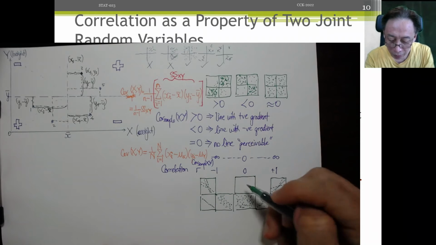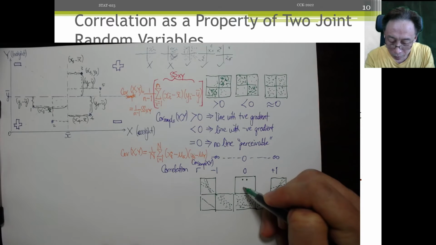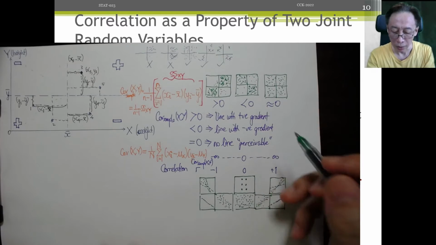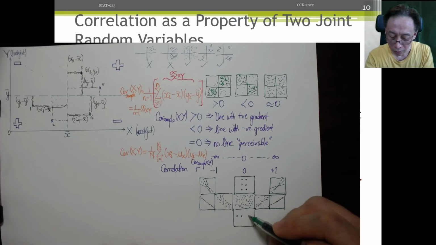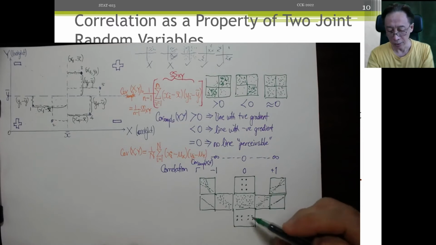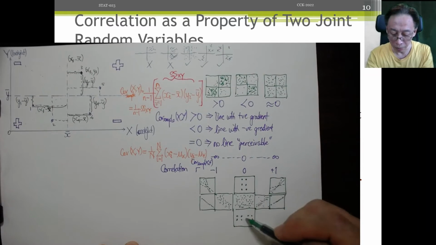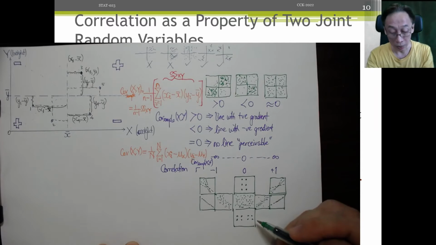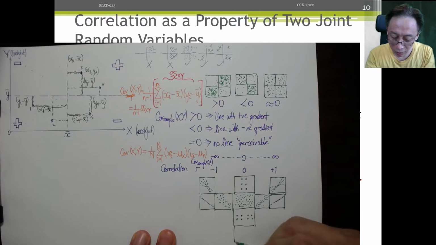keep in mind that we can have completely symmetrical points. All right, if you have this, or if you have this, they are symmetrical about the x bar, about the y bar, or both, such as this case.